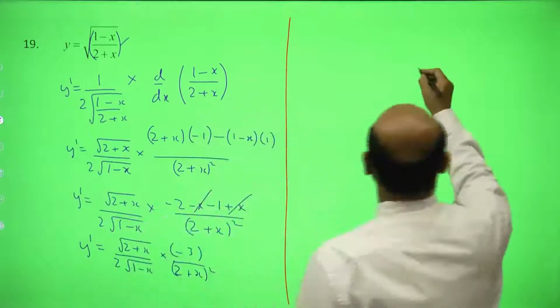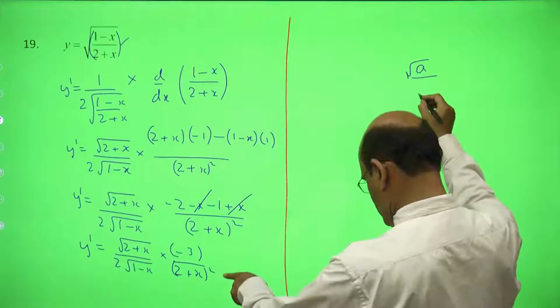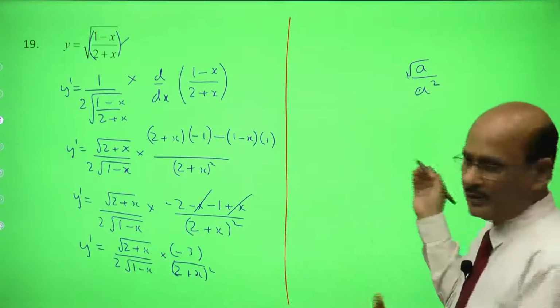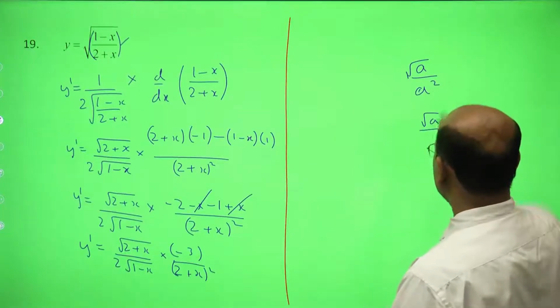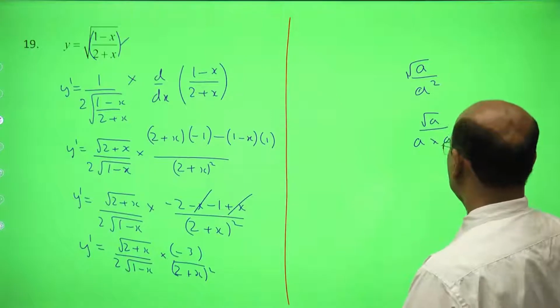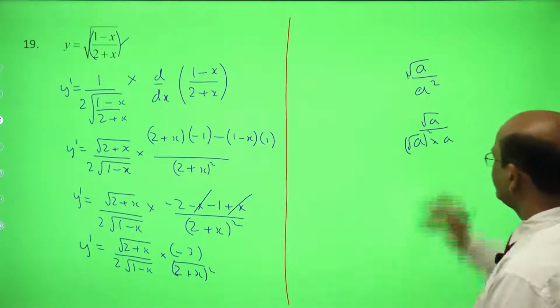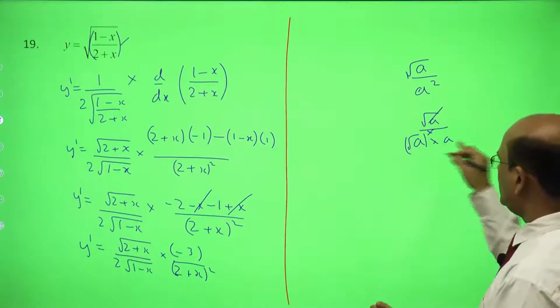If I say this is root of a upon, this is a square. So this is root a. This a square I can write a into a. This a I can write root a square. So 1 root a gets cancelled, 1 root a gets cancelled. Just like the previous sum, what is a into root a?